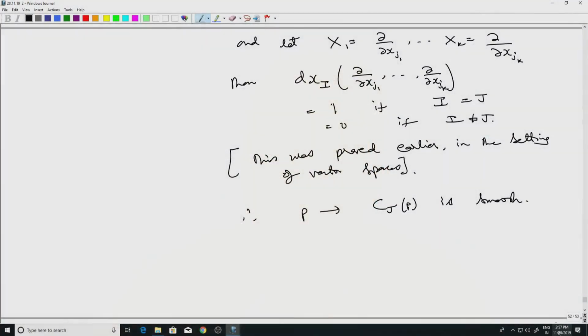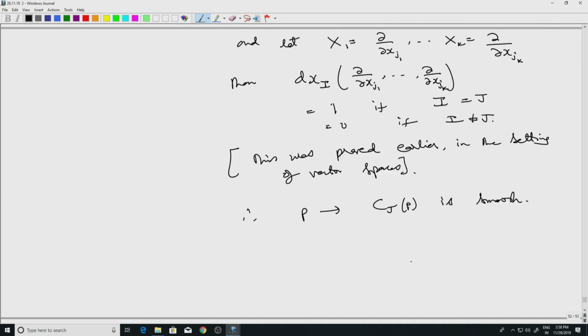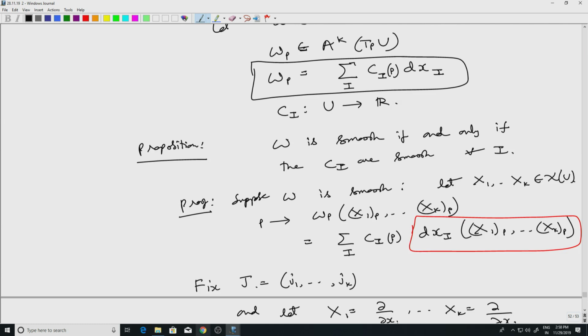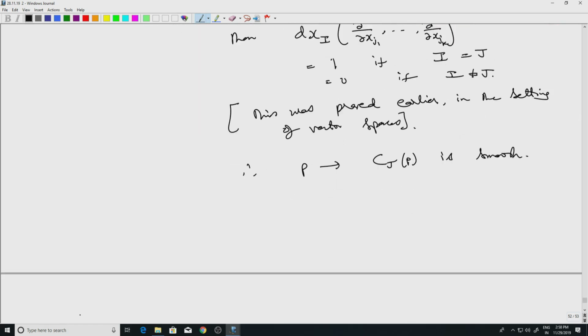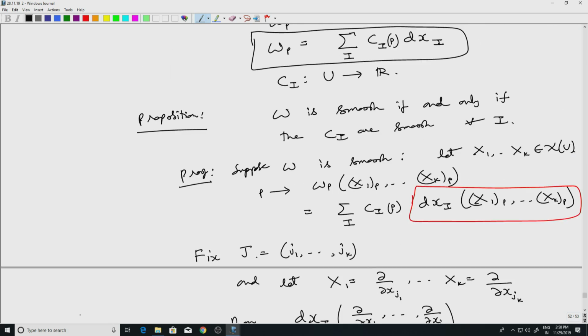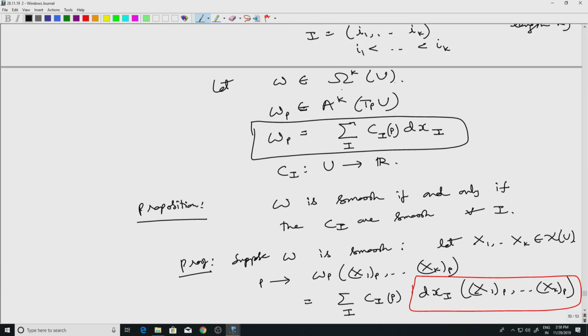Let's continue our discussion of differential forms in local coordinates. So we are talking about open sets in Rn, and we saw that here we have a simple way of checking smoothness of a differential k-form defined on an open set in Rn.